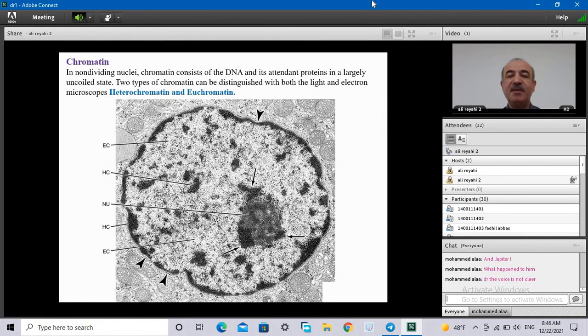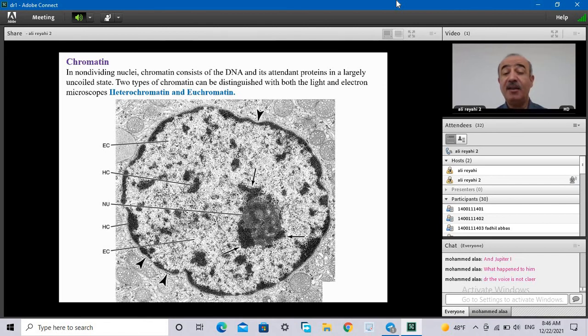The other component of the nucleus is chromatin. What is the difference between chromatin and chromosome? Do you know? Attention please. The chromatin is formed by DNA and specific proteins.